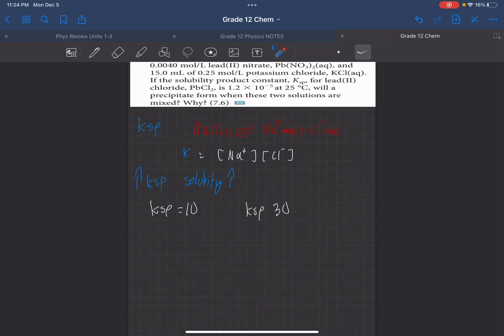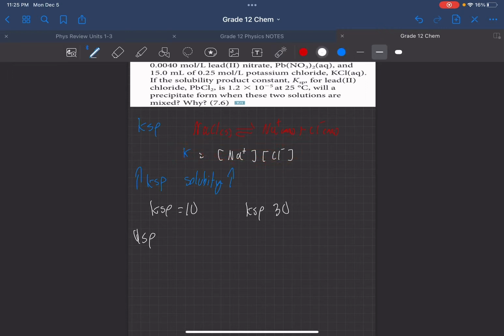So our KSP here is 10. So say our QSP. So what is QSP? Well, KSP is taken at equilibrium, the point of saturation, and I'll get to that a little bit later. But KSP is that perfect point where no precipitate has formed, but if you add anything more, a precipitate will form or a solid will form.